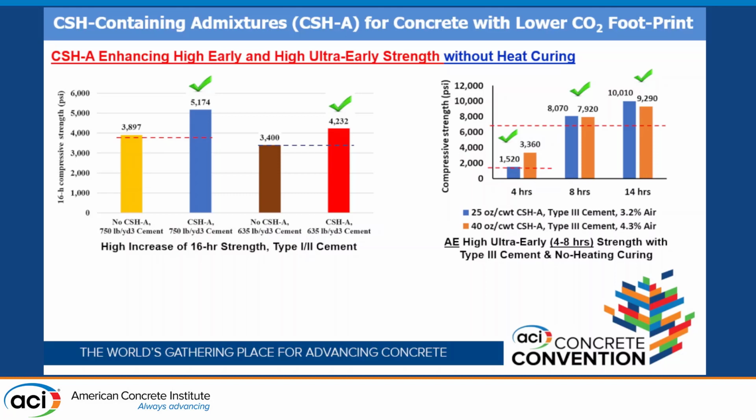So in this case, for example, at 8 hours, even in winter concrete, we can achieve almost 8,000 psi. Of course, in this case, we are using type 3 cement and no heat curing. Okay. In the case that we have 4 hours, for example, we can achieve 3,300 psi or 1,500 psi at 4 hours, depending on the admixture dosage.